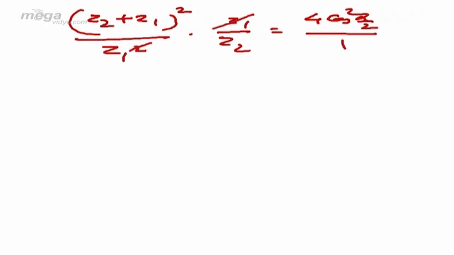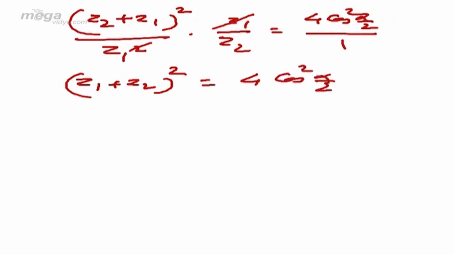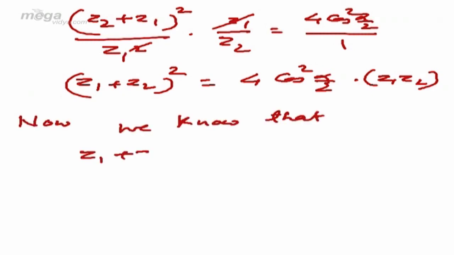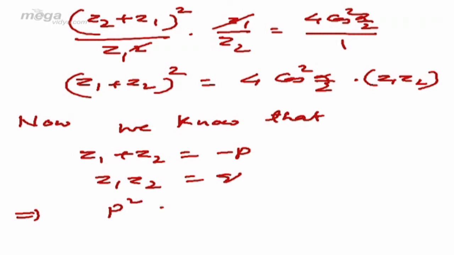Z1 cancels out with Z1, so it will become (Z1 plus Z2) whole square is equal to 4 cos square alpha by 2 into Z1 into Z2. Now we know that Z1 plus Z2 is equal to minus P and Z1 Z2 is equal to Q. So the equation becomes P square is equal to 4Q cos square alpha by 2.